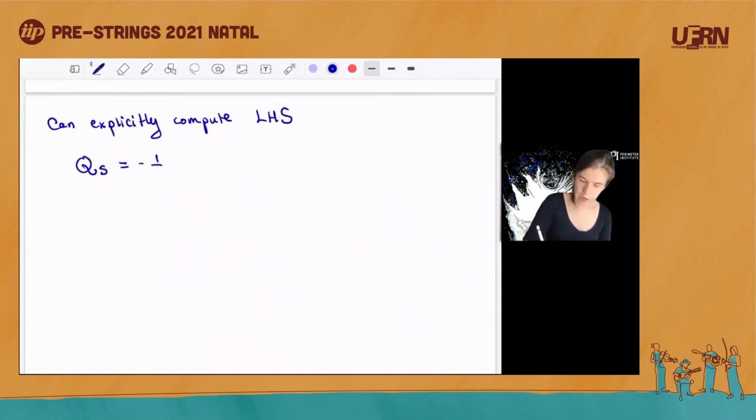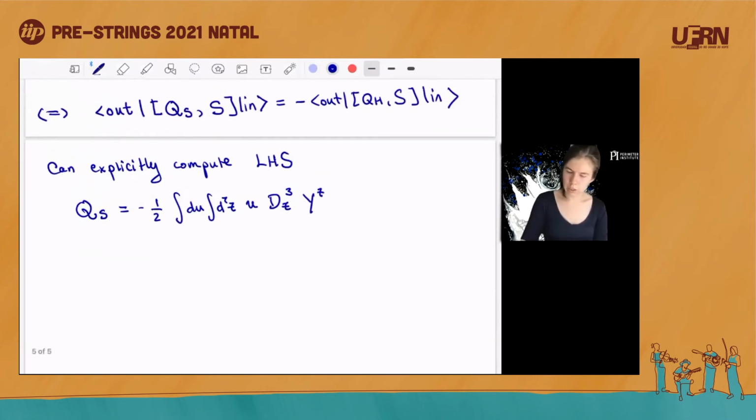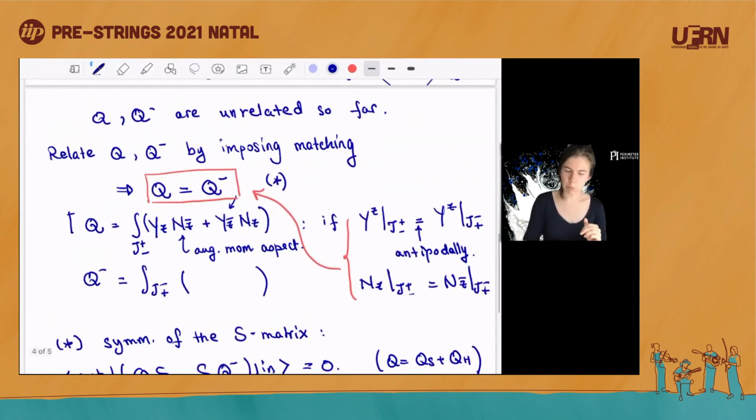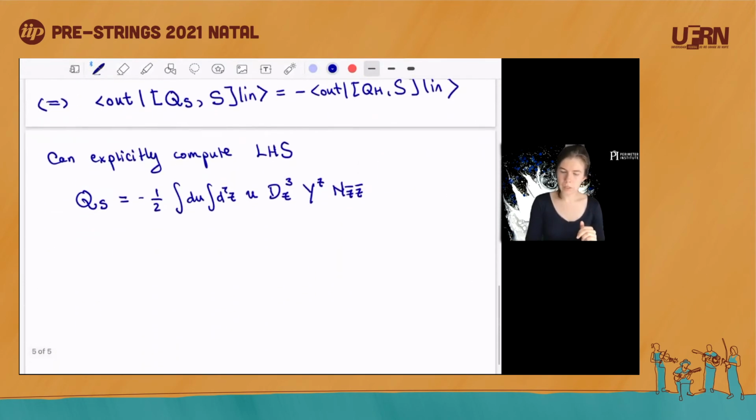It's minus a half integral over du, integral over the sphere, d squared z u dz cubed yz, and then there is an n z bar. It's not hard to see that if you take the commutator of Q soft with CZZ, you're going to reproduce this shift in CZZ.